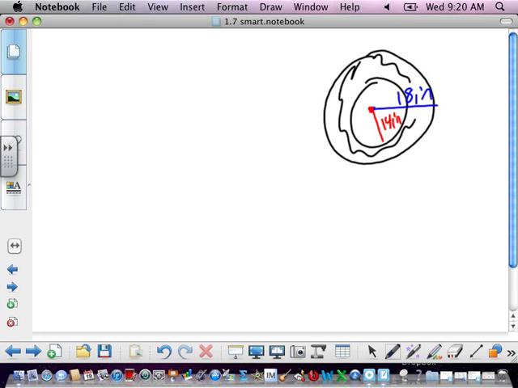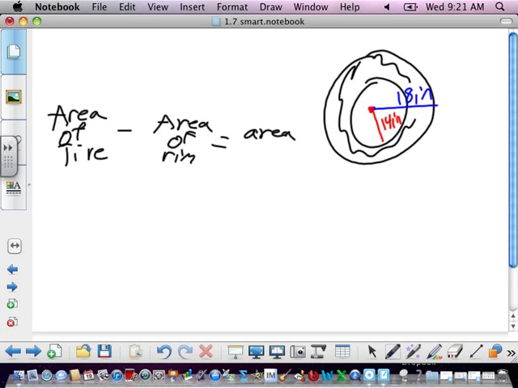Not add them, but subtract. So we're going to take area of tire minus area of rim, and that's going to equal area of outside. Does that make sense?